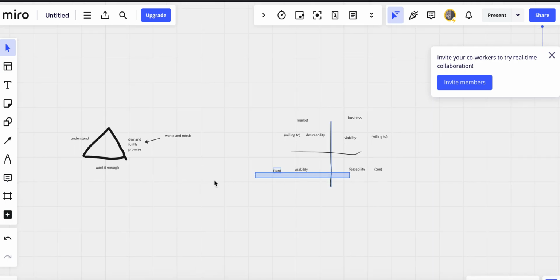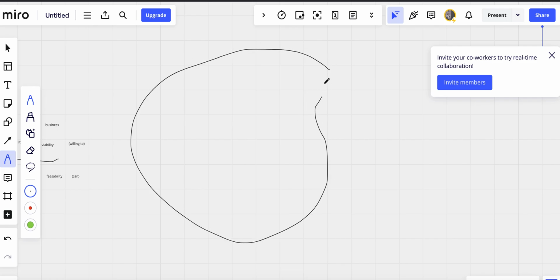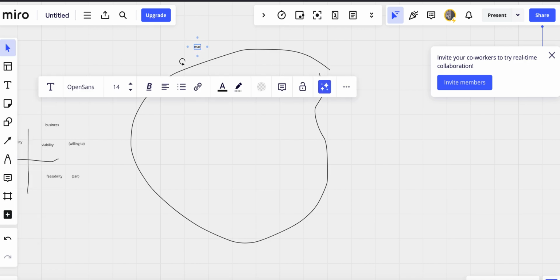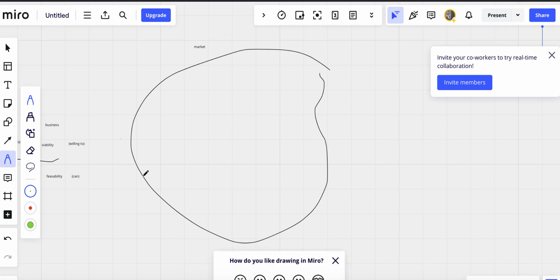So if I were to just say, okay, well, what about footwear? Let's take a look at people that wear shoes. We've got this market over here, and it's an odd-shaped market.